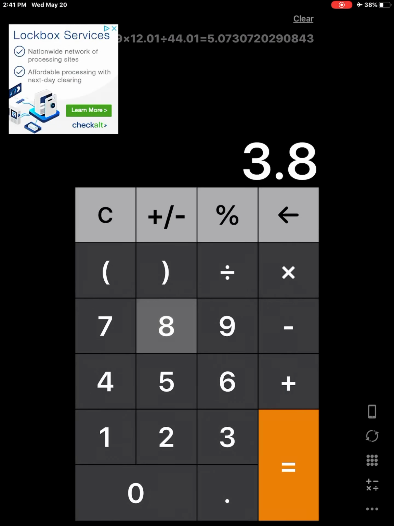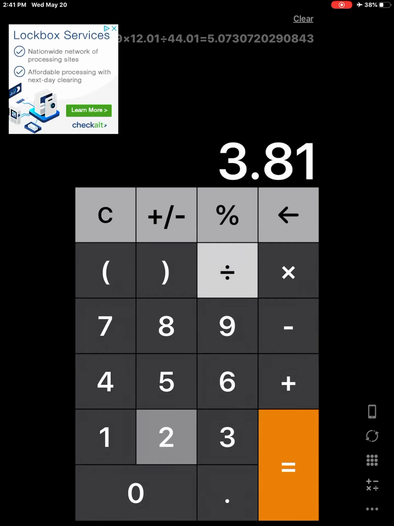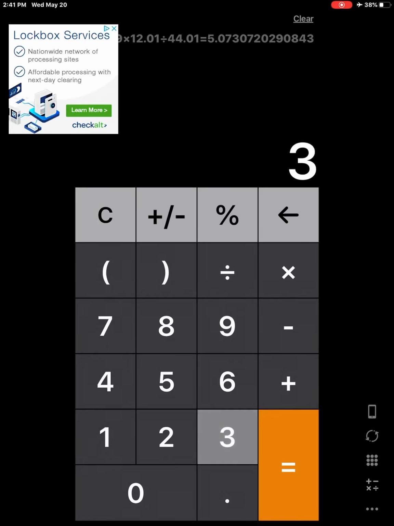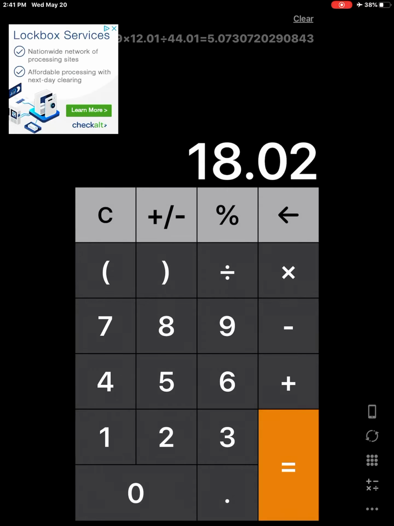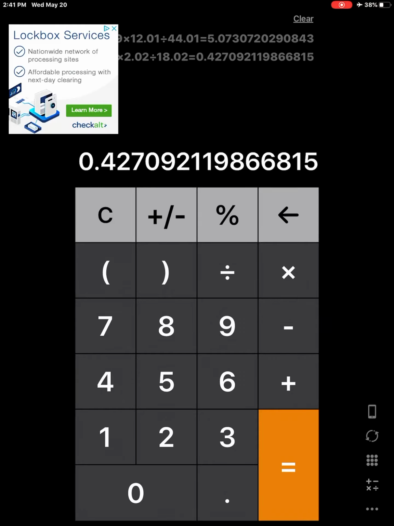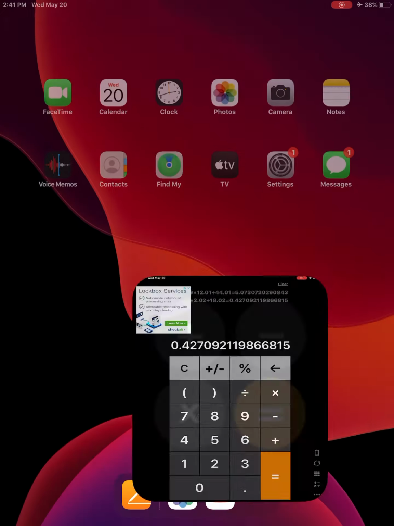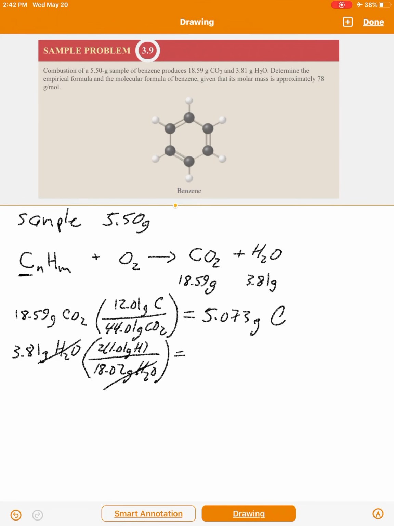So 3.81 times 2.02 divided by 18.02. 2.02 is 2 times 1.01. That gives 0.4271. Okay?